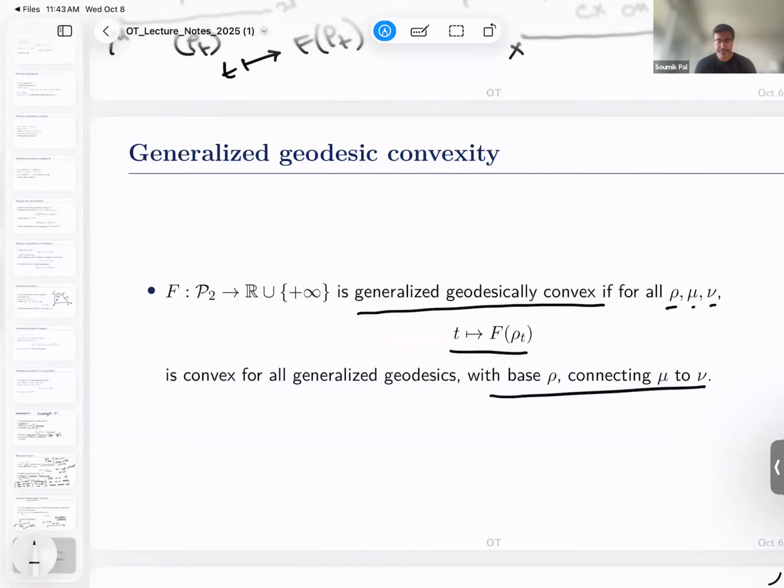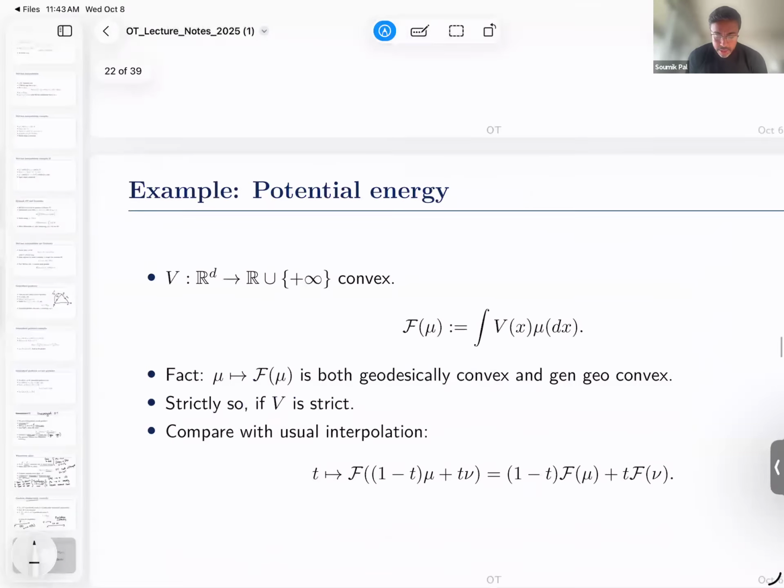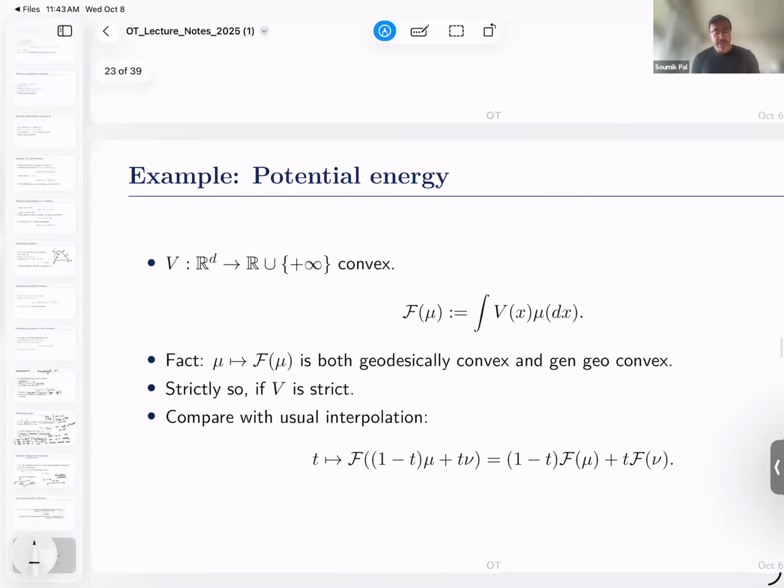Let's see examples here. My first example might look simple, but it's actually quite important, which is the following. Take a function V from R^d to R plus infinity, and assume that this function is convex. And now define my function of a probability measure mu to be the expectation of V under mu. Nothing simpler. I can take the mean, I can take the squared moment, I can take moment generating functions.